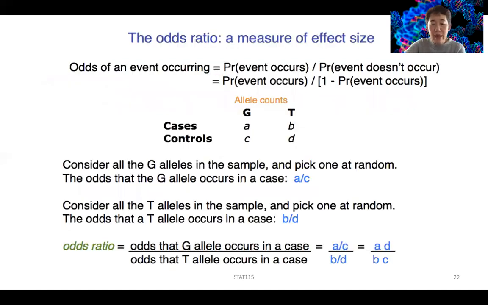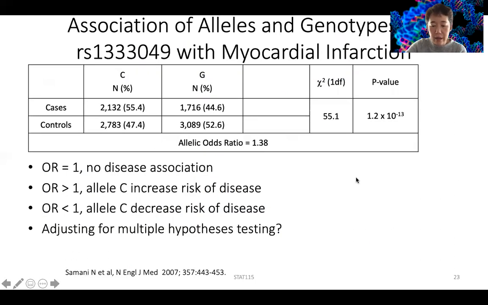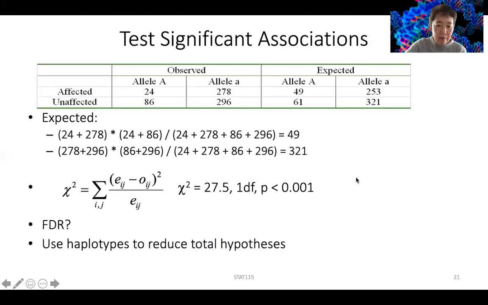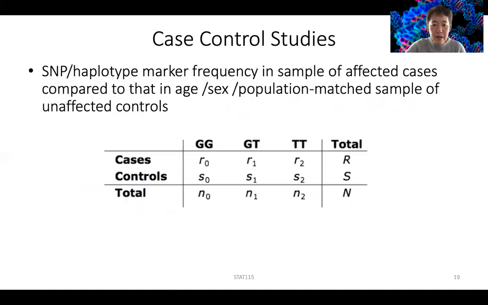And by the way, in terms of disease association, in addition to getting the p-value, we also want to know the odds ratio, also called the effect size. You can imagine that with this type of chi-square test, even if the case and control have a tiny difference, if you have a huge population, say everybody in the US, 300 million people, even a tiny difference will give you a significant p-value.